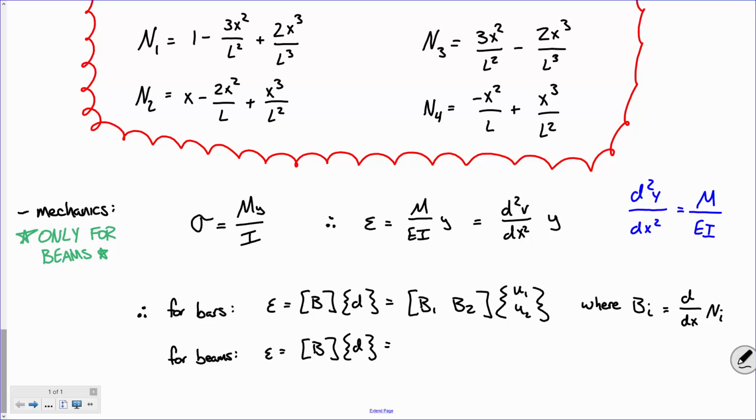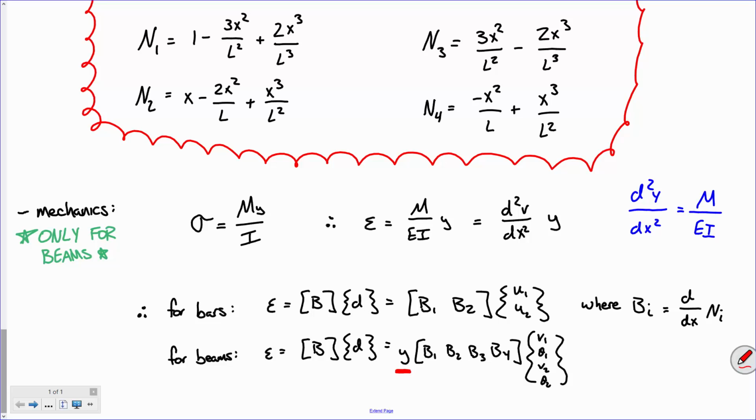First off, I'm going to have B1, B2, B3, B4, then I'm going to have V1, theta 1, V2, theta 2. Right? Is that a fair statement? Then I'm also going to have that little y sticking out there. I'll circle that, underline that very descriptively.